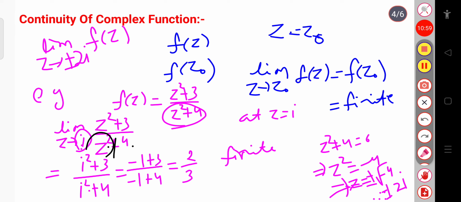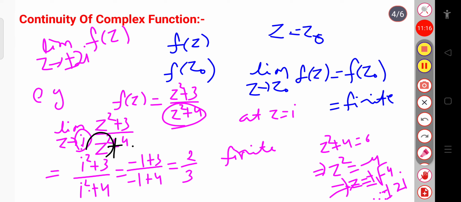Minus 4 plus 4 becomes 0. Something divided by 0 goes to infinity. So the value is infinite when we put the limit plus or minus 2i. Or I can say that the function at plus or minus 2i fails to be continuous.